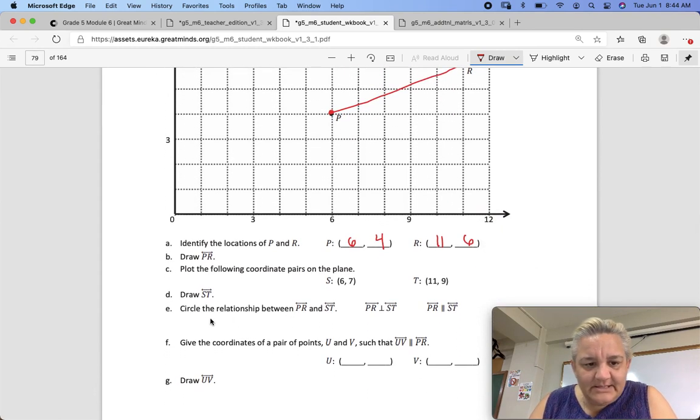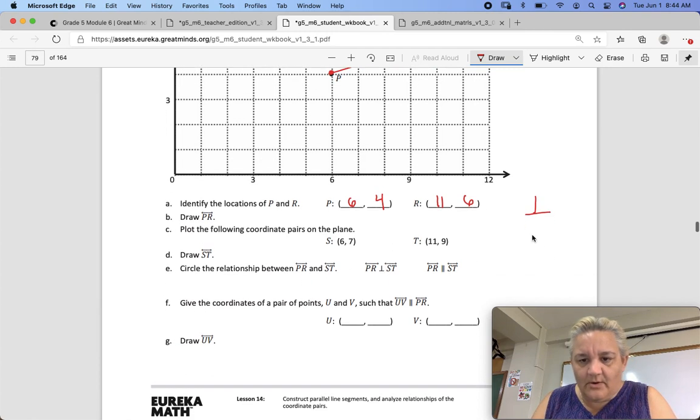And circle the relationship between PR and ST. Is it parallel or perpendicular? This means parallel because there's two lines together. And this means perpendicular.